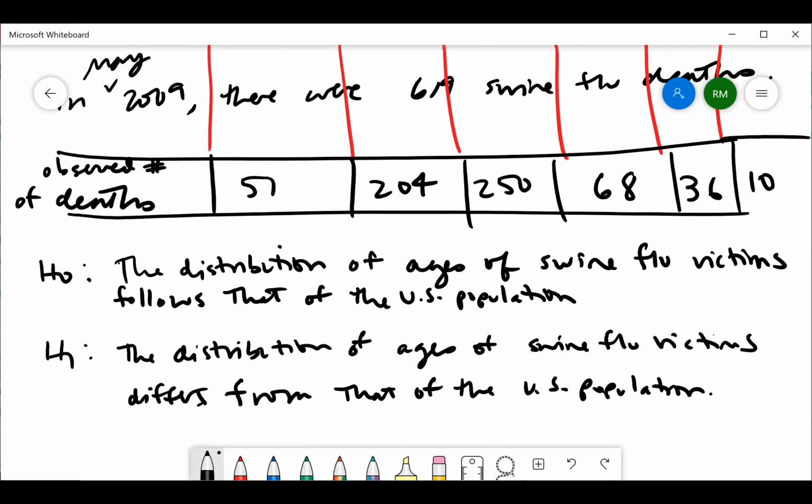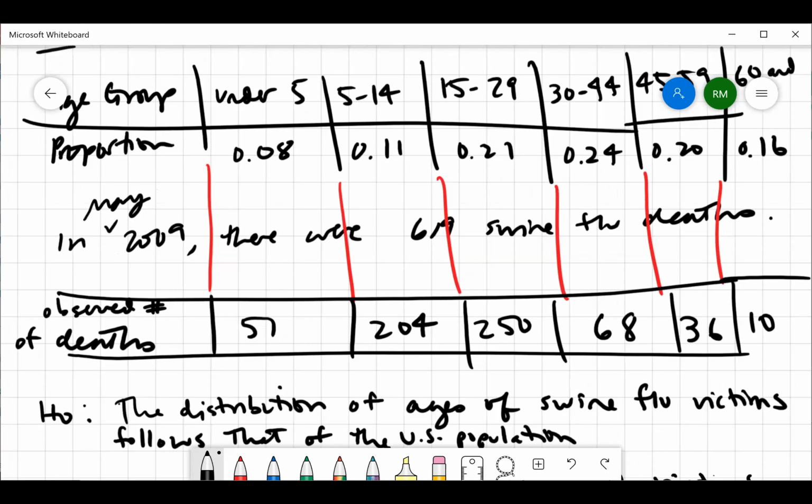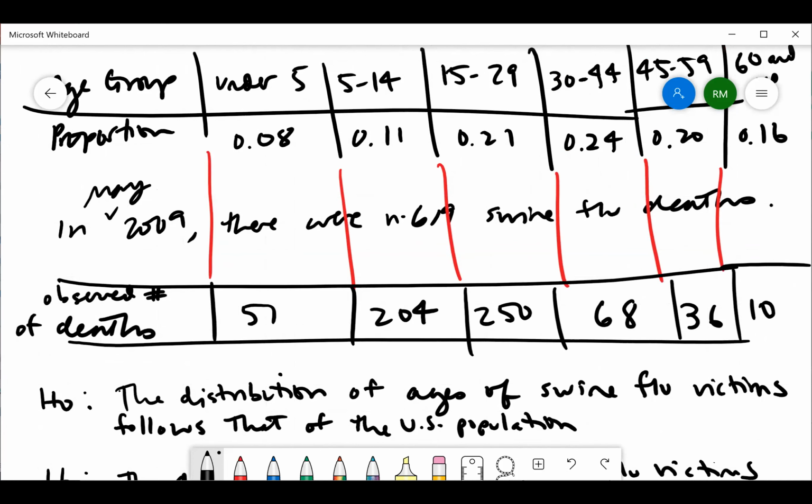In order to do this hypothesis test, we need to calculate the expected frequency. The expected frequency is actually pretty easy to compute. We just take the n, so n is 619, and we multiply it by the proportions of the population.